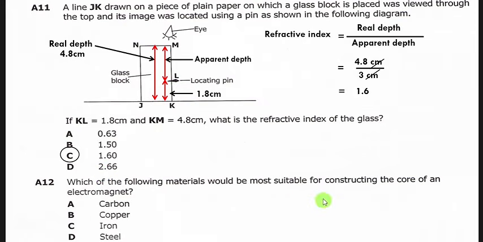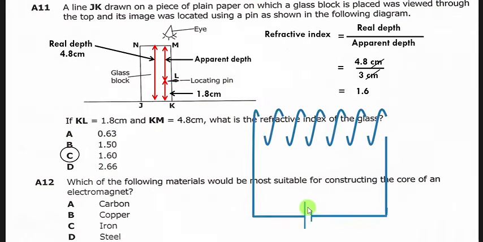So the situation they're talking about is like this one here. This is a coil. Then in the coil, when you put a substance here and current starts flowing, this substance becomes a magnet.